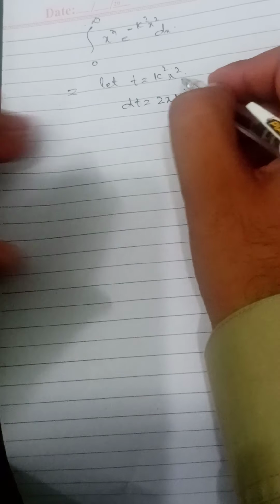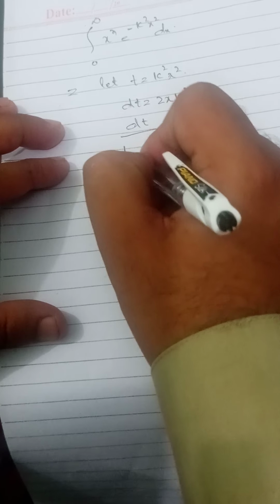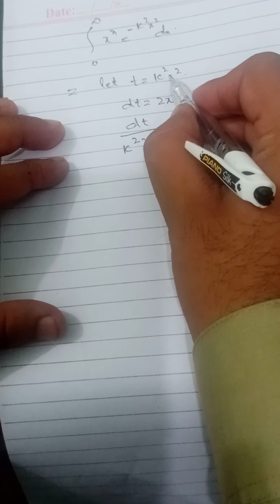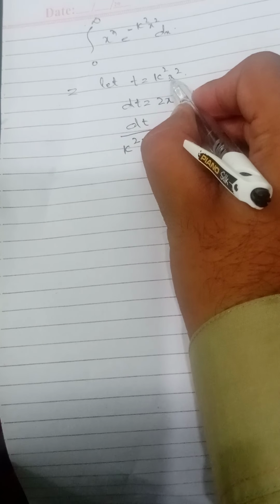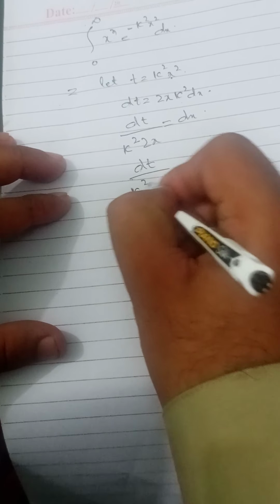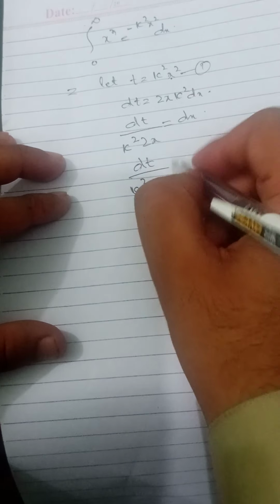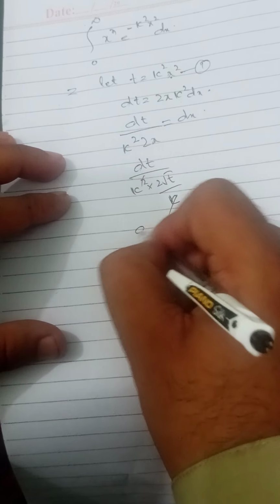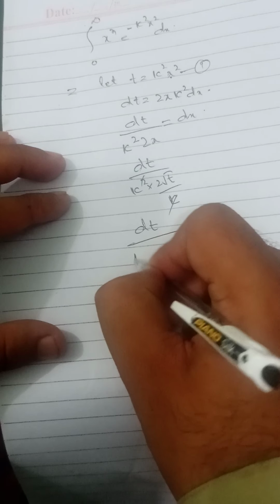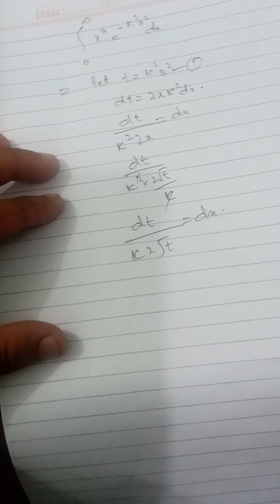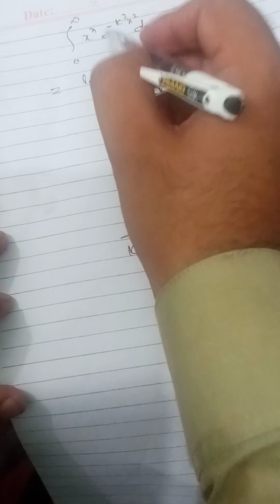So dt divided by k squared 2x is equal to dx, and from equation 1, x is equal to square root of t divided by k. So k cancels out with this k, then dx is dt divided by k into 2 into the square root of t. So substitute it in the original integral.